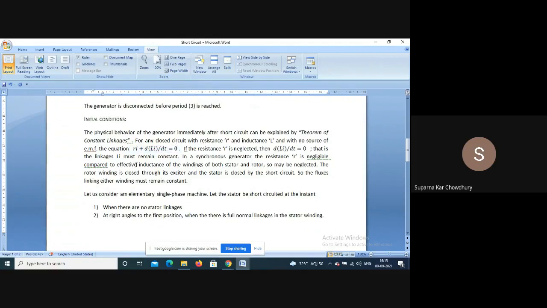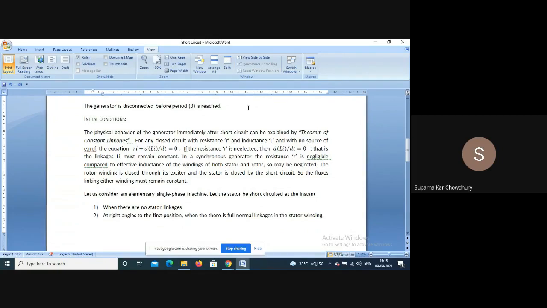Now if the resistance R is neglected, that gives you d(Li)/dt is equal to 0. Li is phi, so d phi/dt is 0, so the rate of change of flux should be 0. The system will try to keep the flux constant if the resistance of the system is negligible.